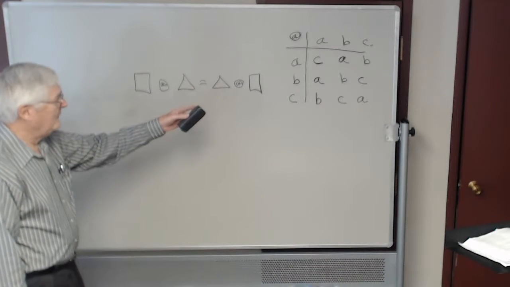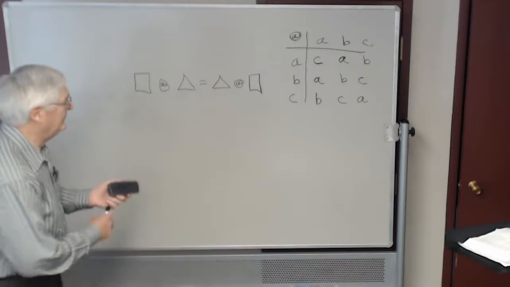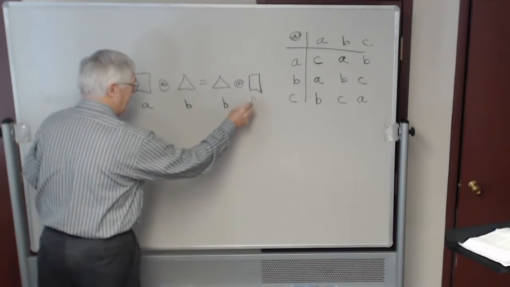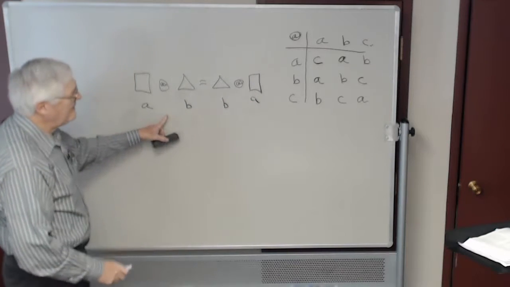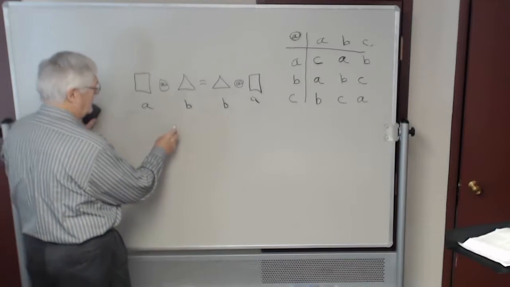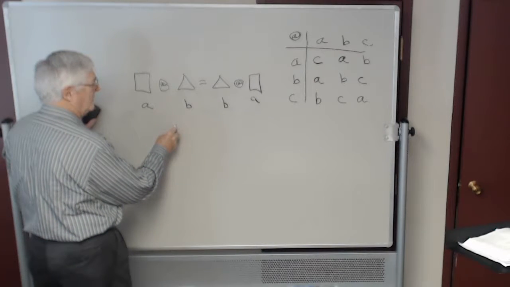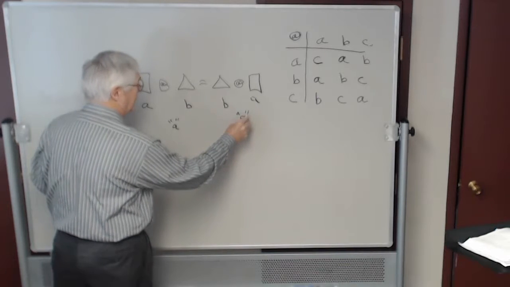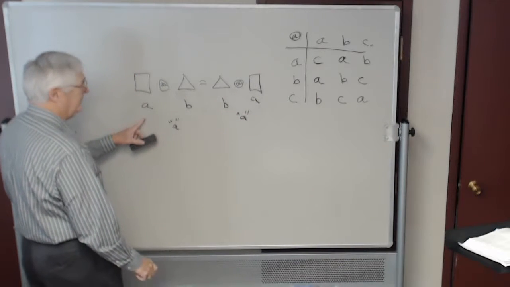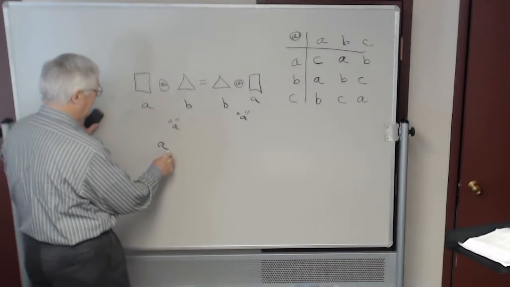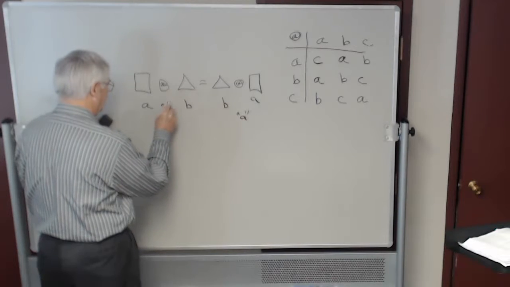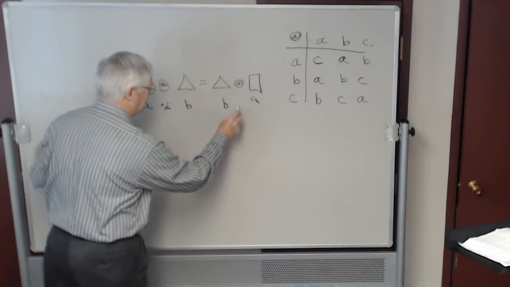Okay, so now, is this commutative? Well, is A at B the same as B at A? What's A at B? A. What's B at A? A. So let's just put it right here in between, so we can keep writing some more.